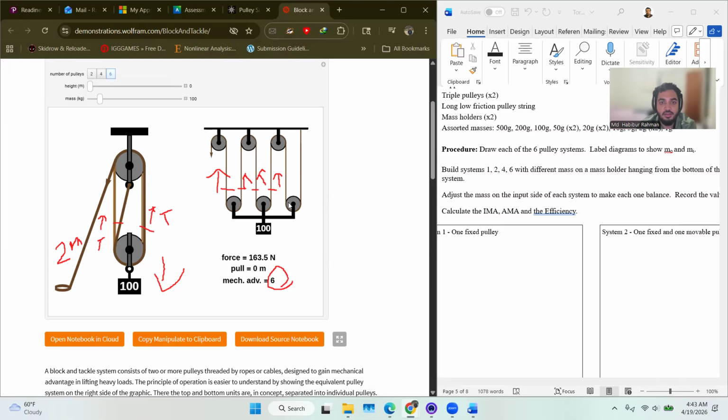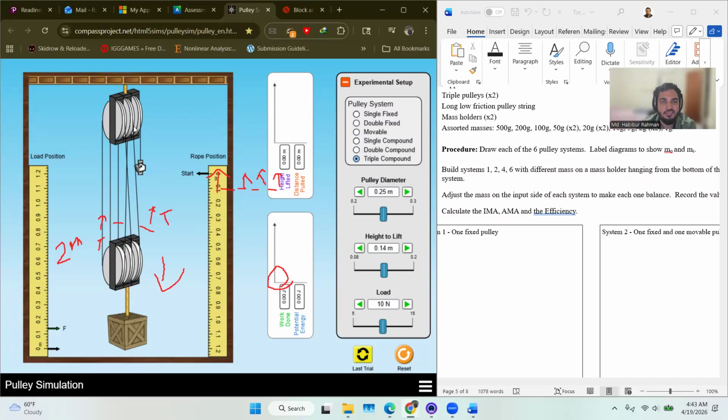The stationary ones don't count. But when you do it hands-on, it's much easier. Even your lift, your crane, everything. Even people who want to lift use pulleys.